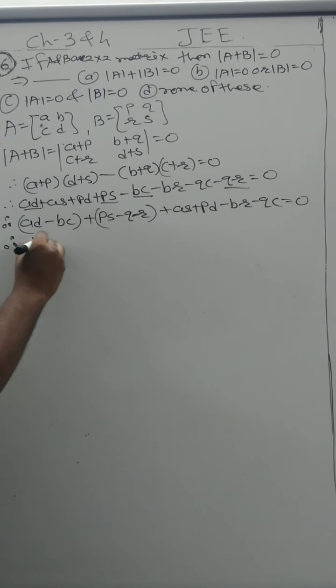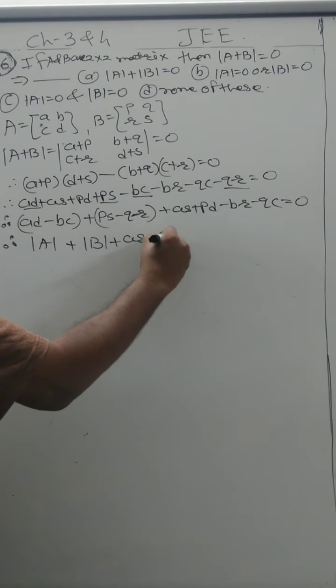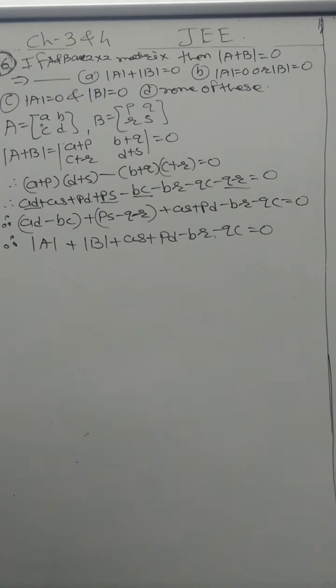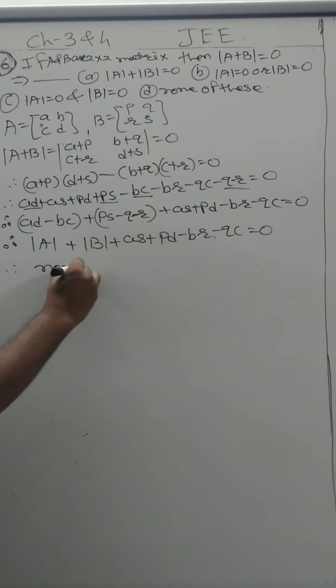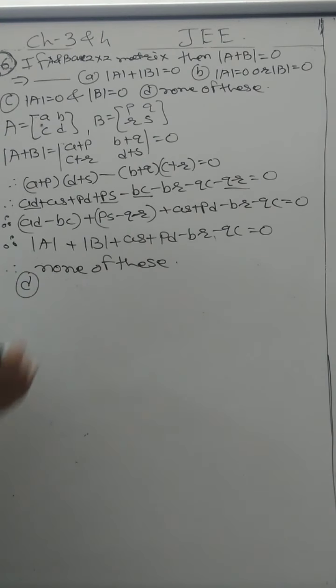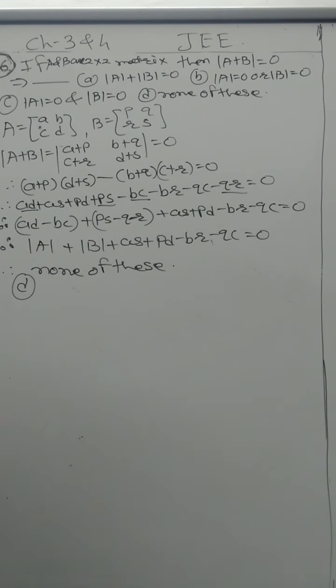Therefore this is determinant of A plus determinant of B plus as plus pd minus br minus qc. So here we cannot find any value of a, b, c, d or anything. Therefore we can say that none of these is the result. Okay, D is our answer. Determinant A is not 0, B is not 0, or anything is non-zero. Therefore we can say that none of these will be the answer.